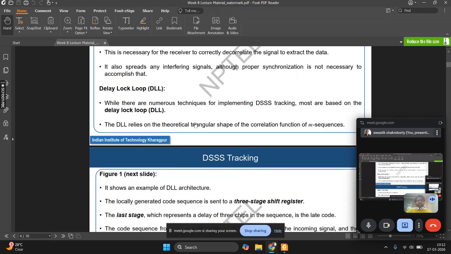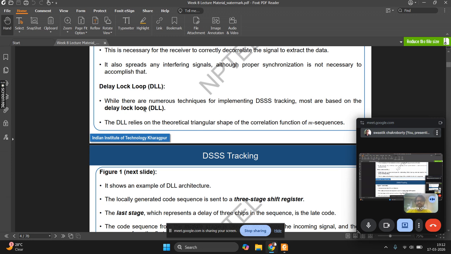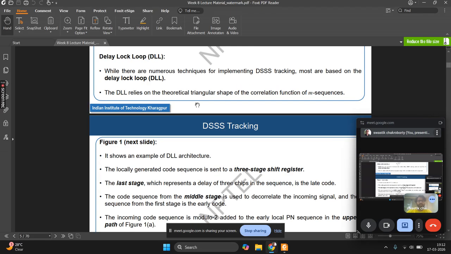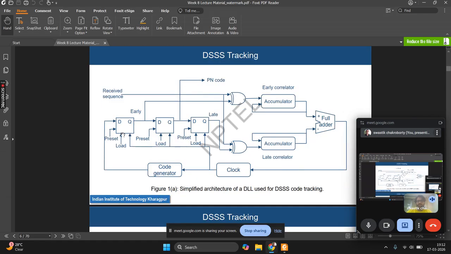While there are numerous techniques for implementing DSSS tracking, most are based on the delay locked loop. So the method used for DSSS tracking is the delay locked loop. The delay locked loop relies on the triangular shape of the correlation function of PN sequences. Okay, so let's see a delay locked loop.